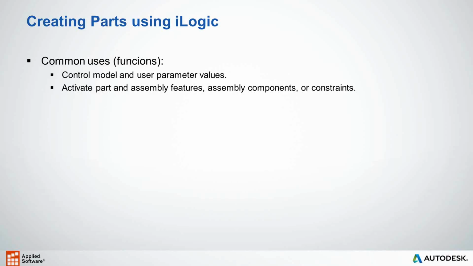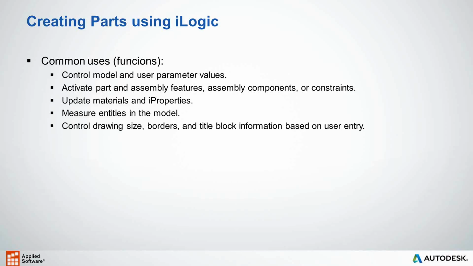Some more capabilities that we have with these functions are being able to update material and iProperty information. Also, we have the capability of measuring entities in the model. And then on the drawing side, we can actually control the size of our drawing, the borders, and title block information based on user entry.